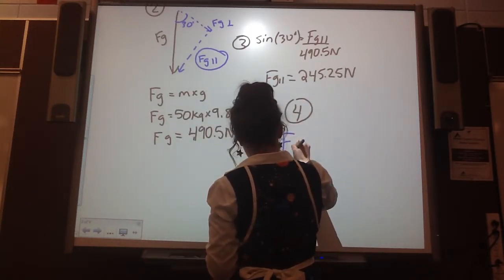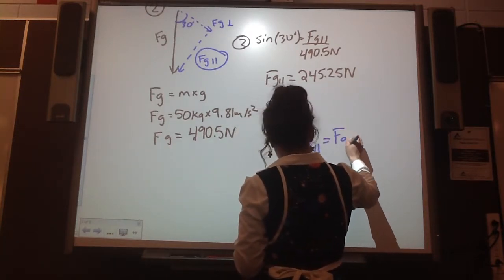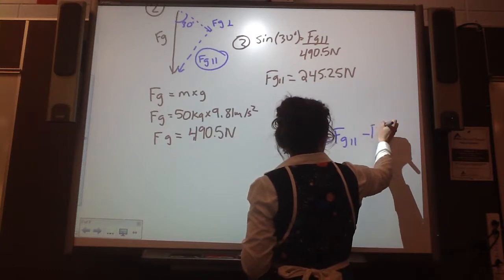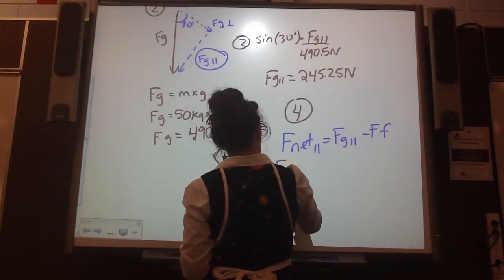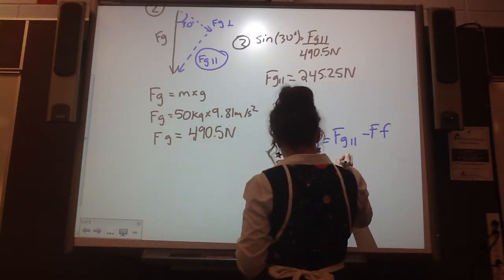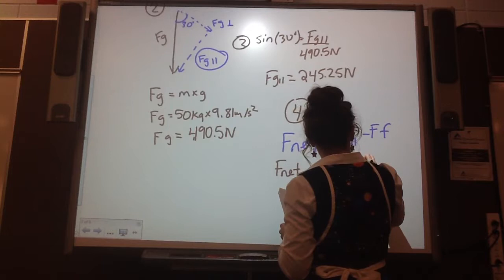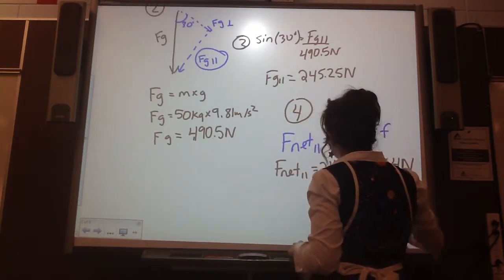My original equation is FNet parallel is equal to FG parallel minus FF. So now I can plug that in. FNet parallel is equal to 245.25 newtons minus 64 newtons.